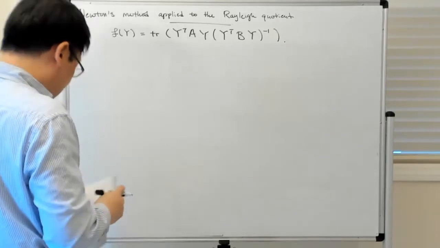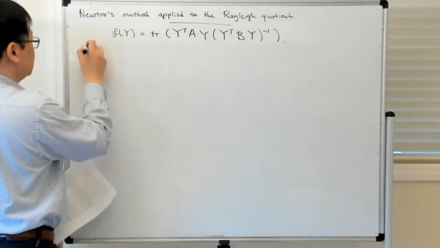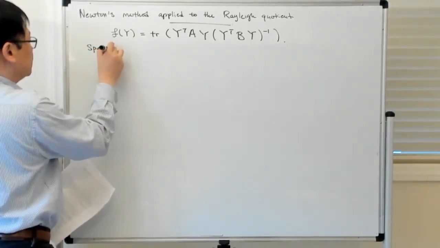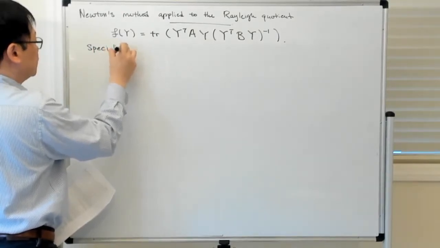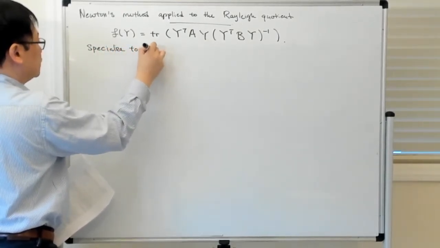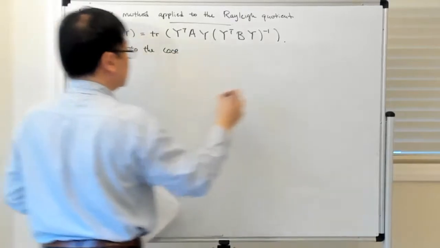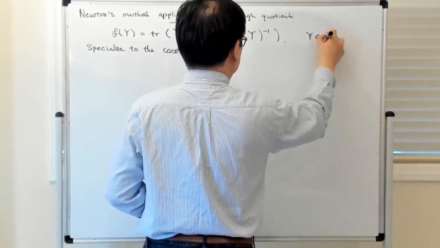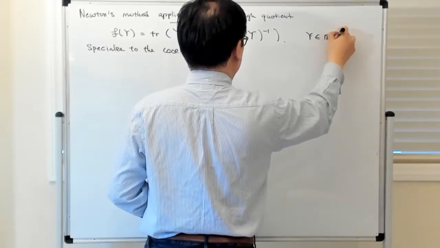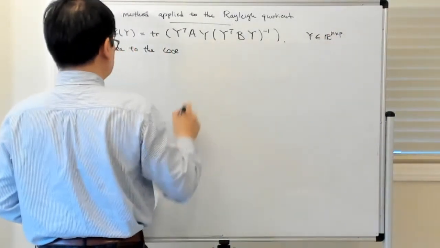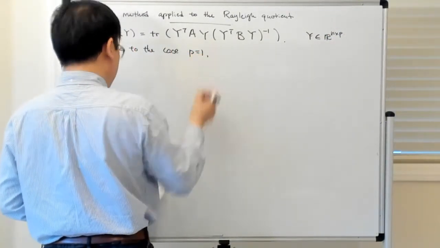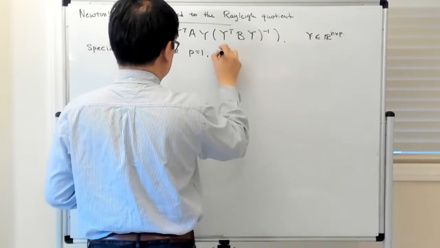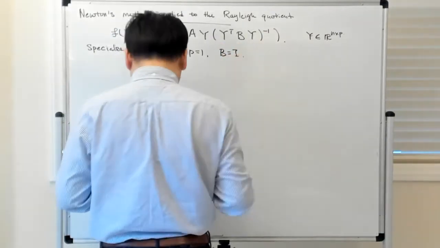So we're going to specialize this to the case where Y is in R^(n by p). We're going to specialize it to the case that p is equal to 1, and B is the identity matrix.